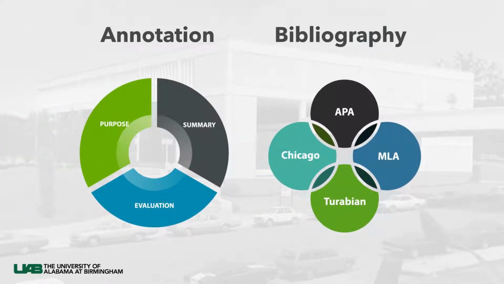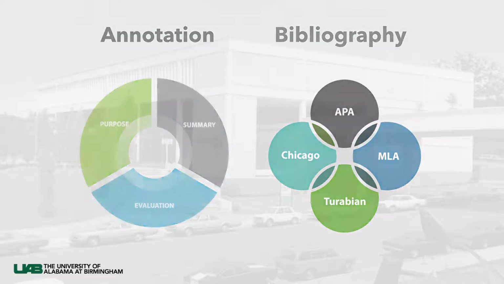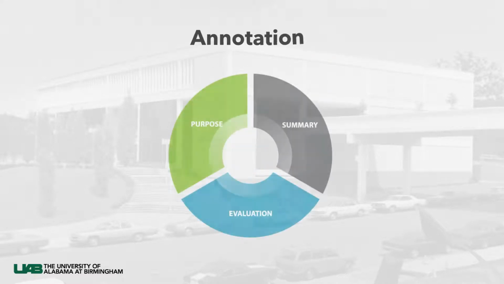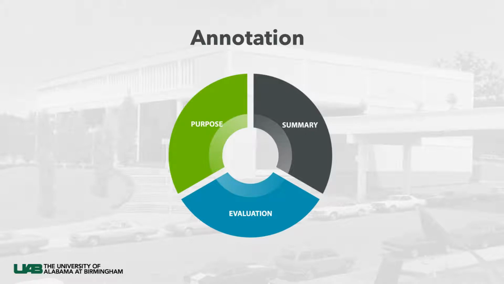Just remember, the purpose of an annotated bibliography is to organize the various resources you may encounter during your research. So the better your annotation is, the better your final project could be. After you have found your resource, you can then begin to craft your annotated bibliography. The annotation includes a summary, evaluation, and purpose of the resource.